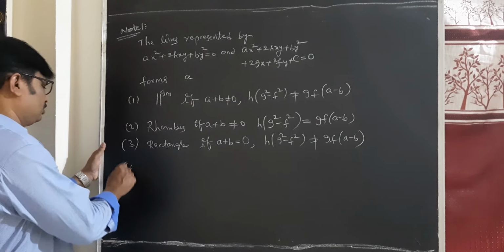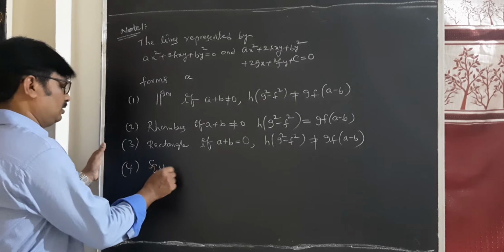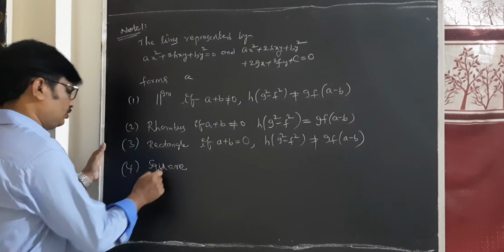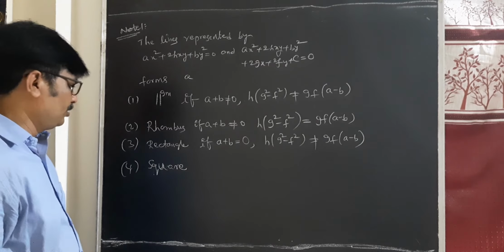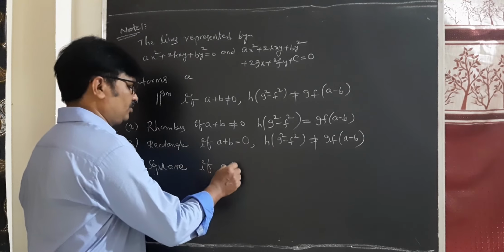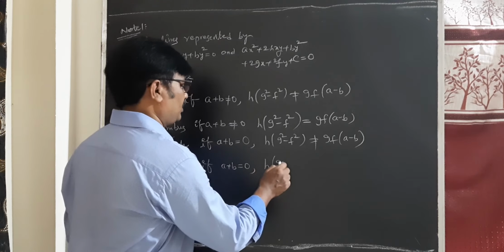Now, students, the fourth one is the square. These notations and formulas are only from the objective point of view. These are important. If it is a square, undoubtedly, students, the angle between the adjacent sides is 90 and also the diagonals are perpendicular.